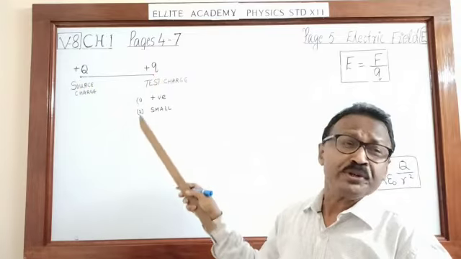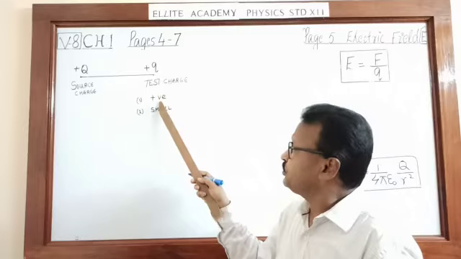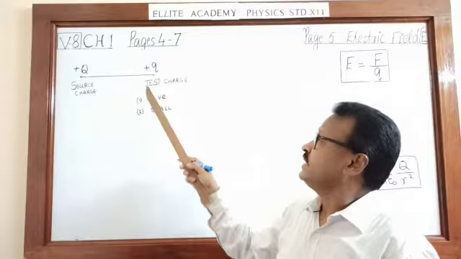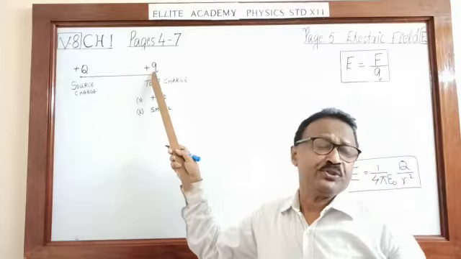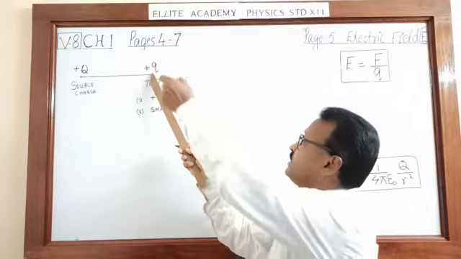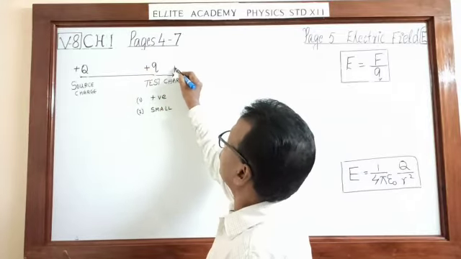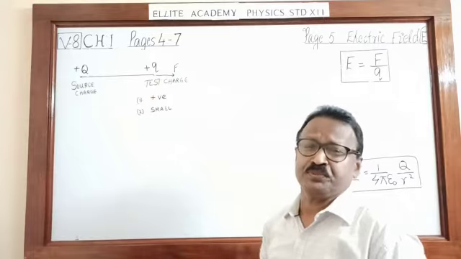There are two properties of the test charge. It must be positive and it should be small. Why positive? If the test charge is always positive, what is the advantage? If the force is repulsive, it is moving. In this case, it is repulsive, so I know the original charge is positive.